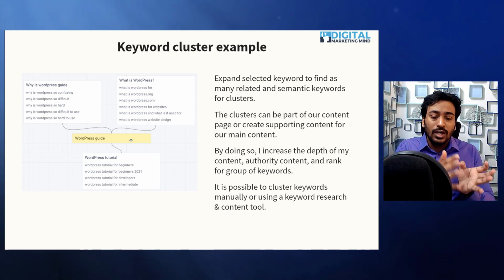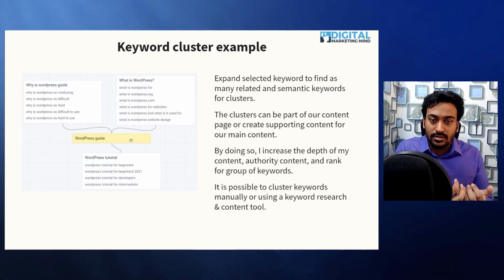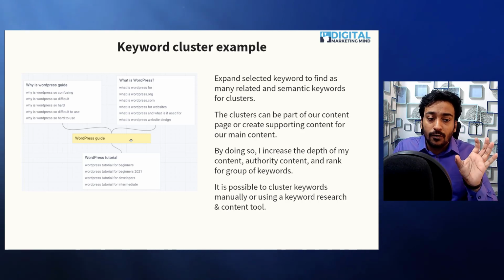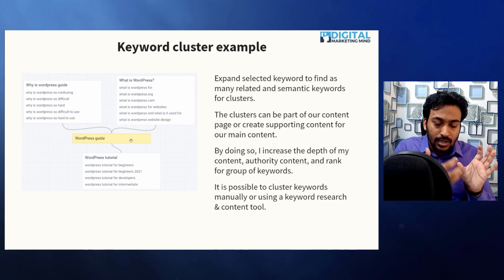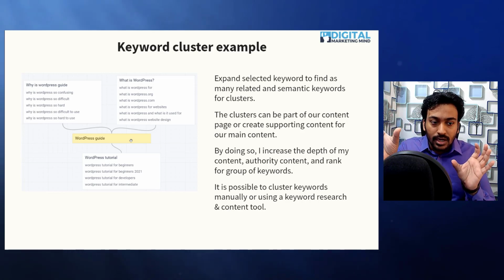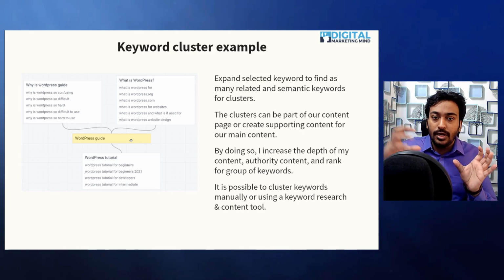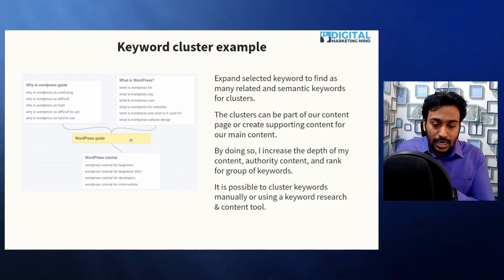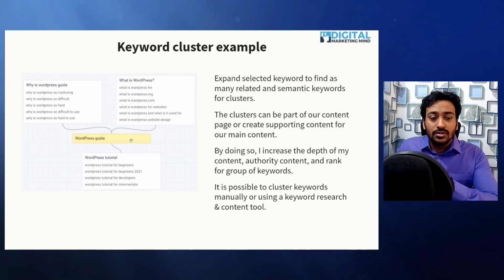That is the reason we focus on keyword clustering into groups more, because these clusters can be part of our main content page. If I'm writing a WordPress guide, each of these clusters can be one subsection which focuses on all the different elements, or we can use this to create supporting content for our main content.